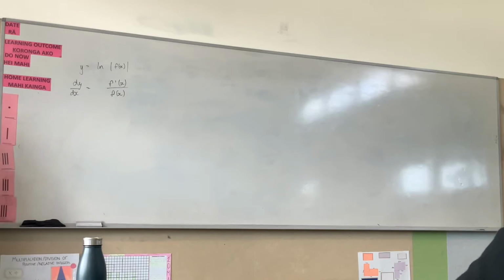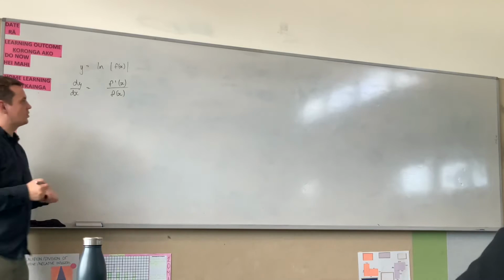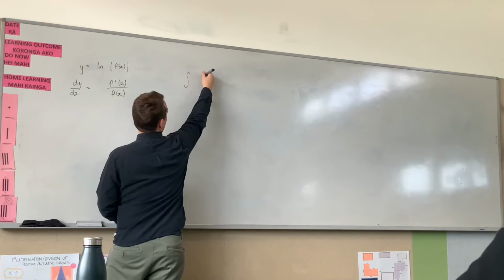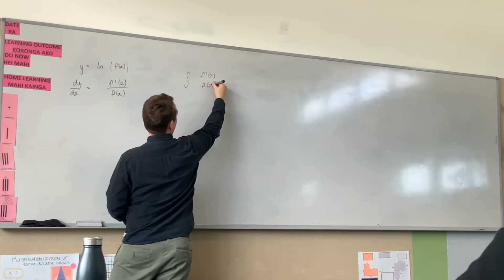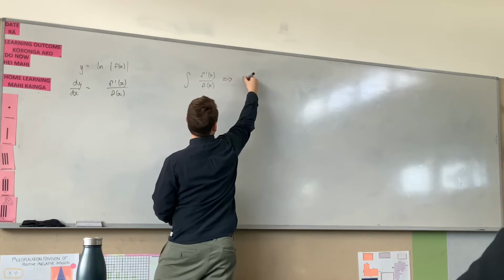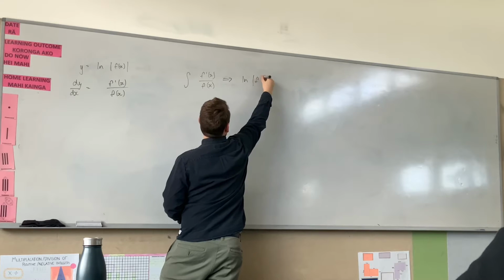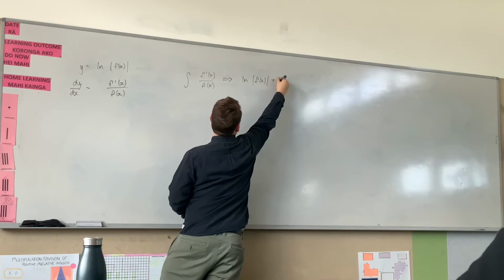So we're doing the reverse of that: integrating f prime x over f of x to get natural log f of x plus c.